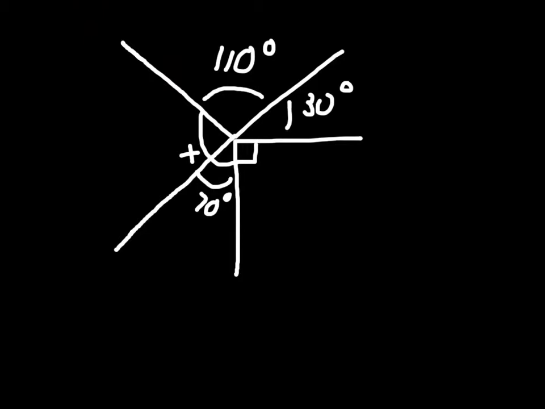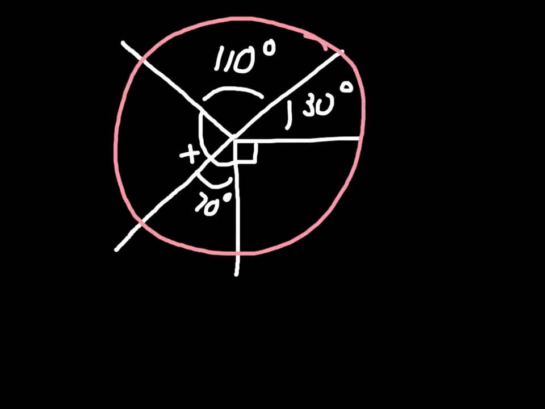X is a degree measure, and we know that all degrees around a point add up to 360. So this entire area should equal 360 degrees.